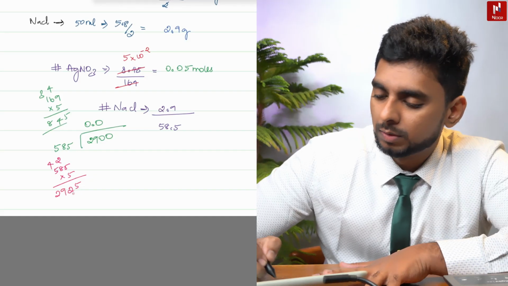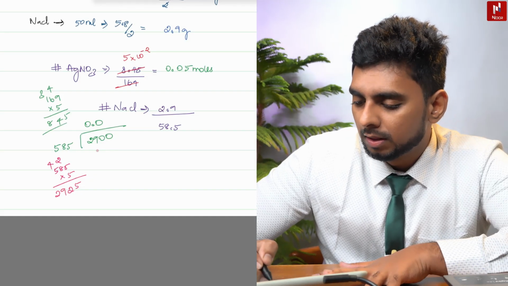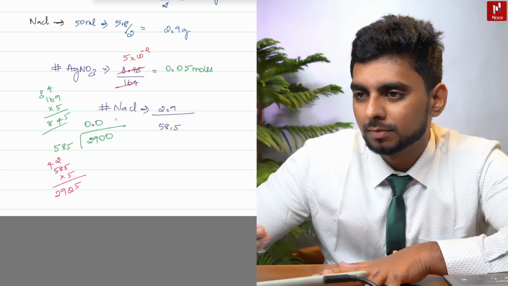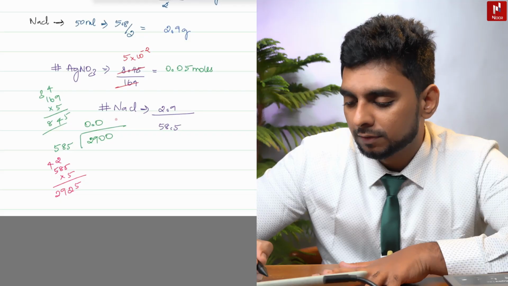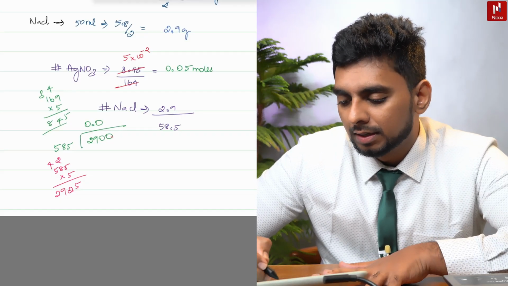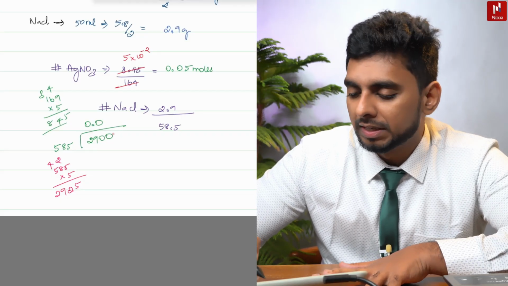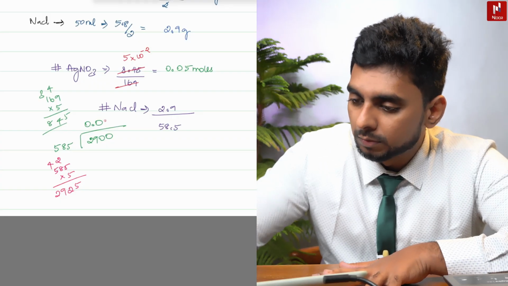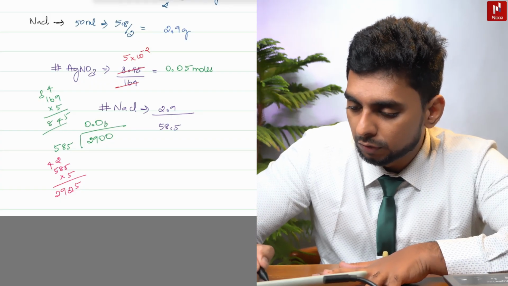If I match this with this number, then obviously it should be 0.05 or 0.04999, something like that. Therefore, it is a good convention to match it with 5 itself. So you will have 0.05 moles.